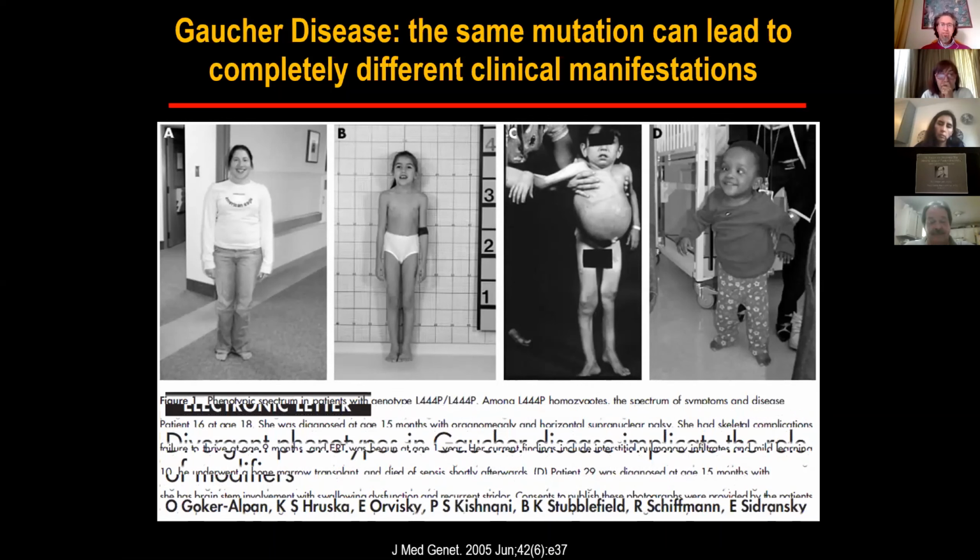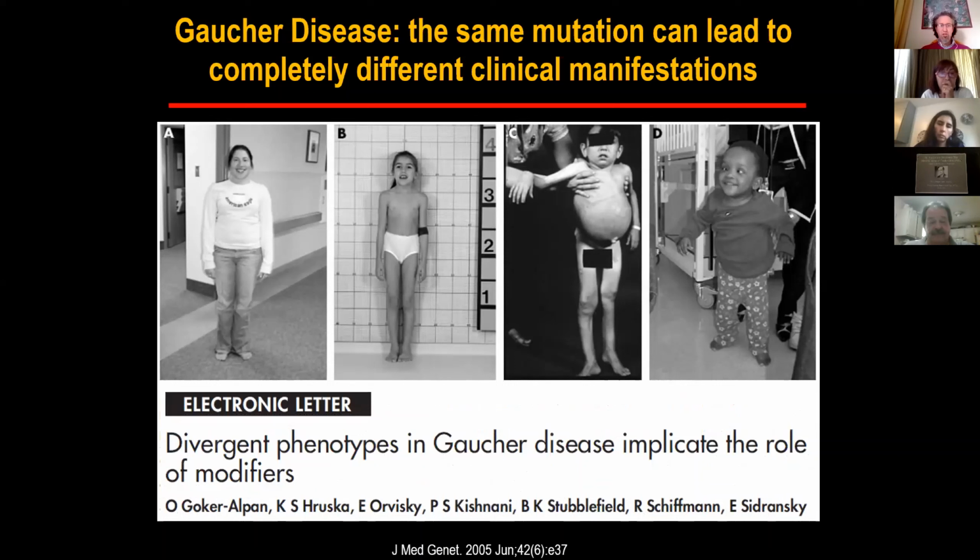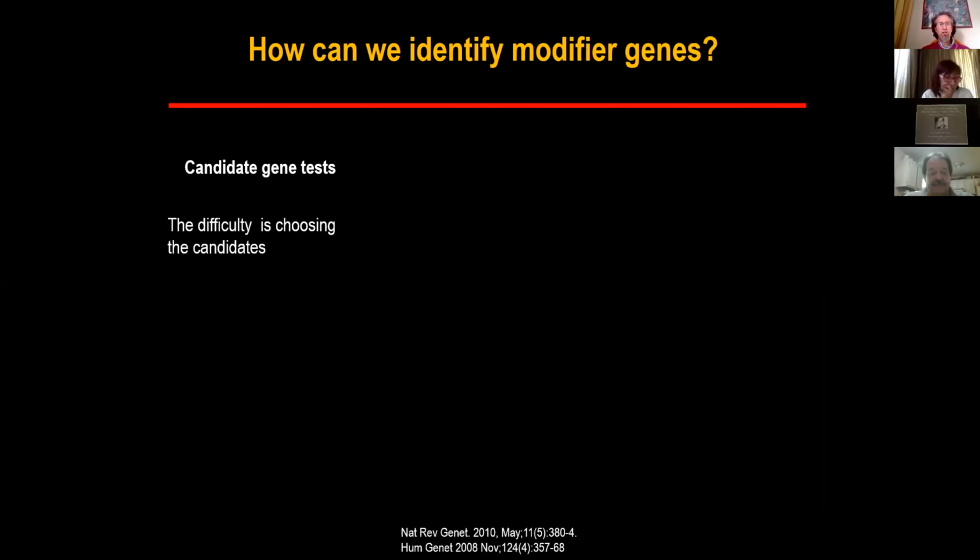The title of this paper is Divergent Phenotypes in Gaucher Implicates the Role of Modifiers. So the challenge is how to identify these modifiers. Usually there are different strategies. One strategy is to look for candidate genes.